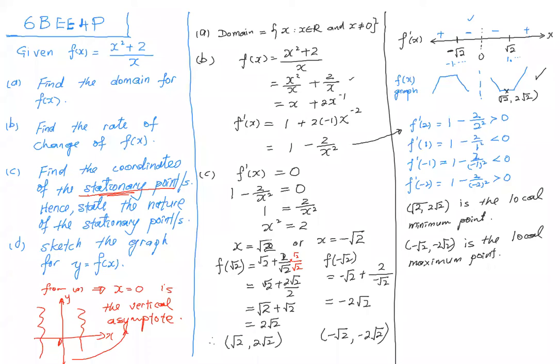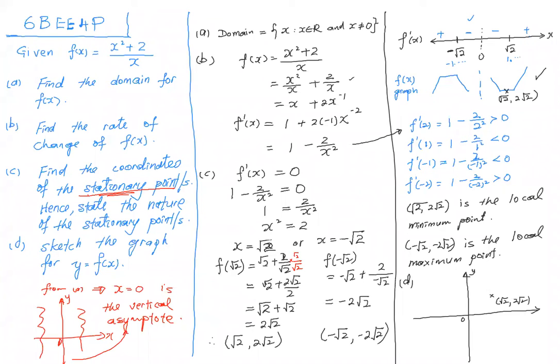Based on the information you have from part A, part B and part C, you should be able to sketch the graph, am I right? So this is the vertical asymptote. Then you have the point √2, 2 √2.